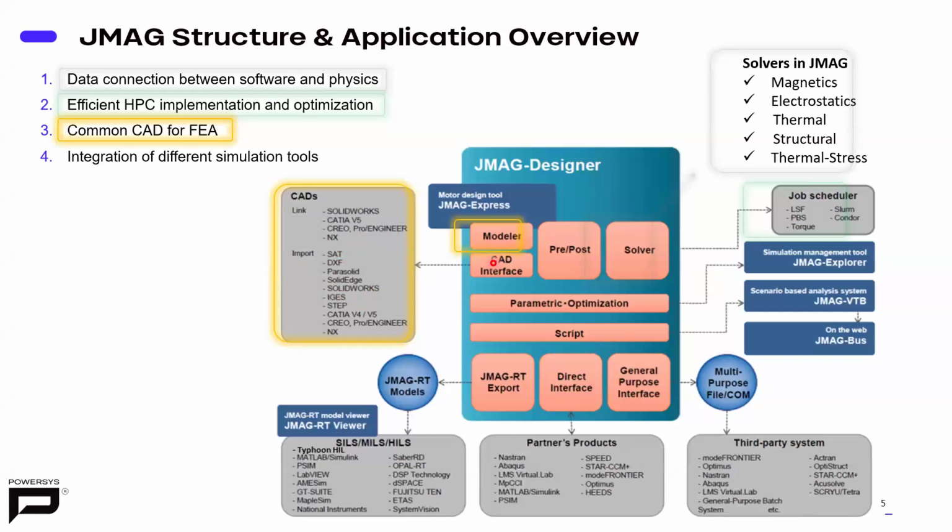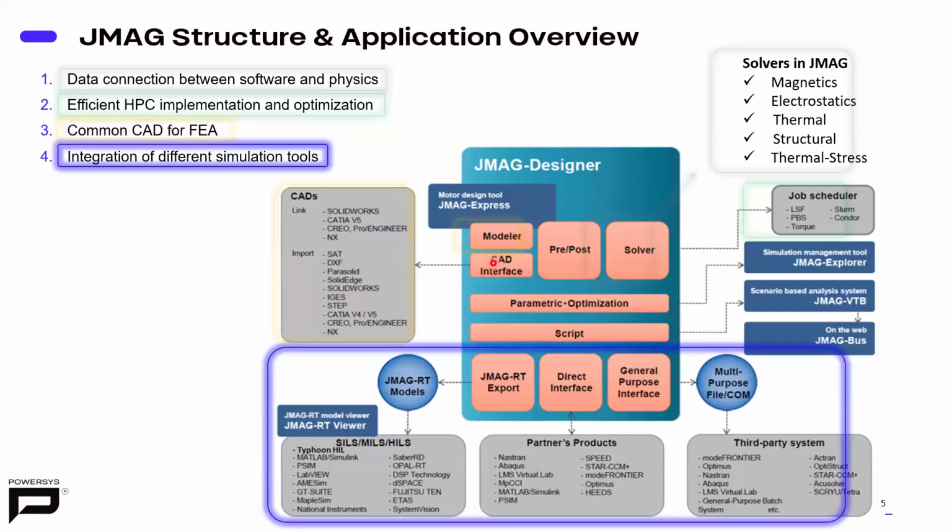Okay, so after the model is imported, we have operations like parametric optimization, including all the different types of optimization, Pareto curves, and we also have a scripting option, which is JavaScript and VB script. Integration of different simulation tools involves third-party software integration.